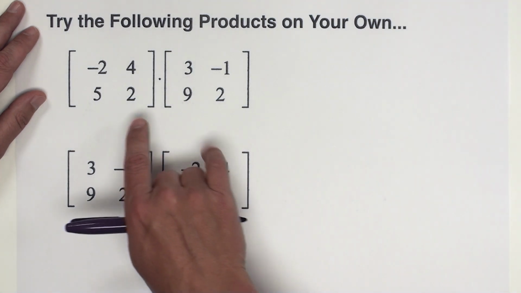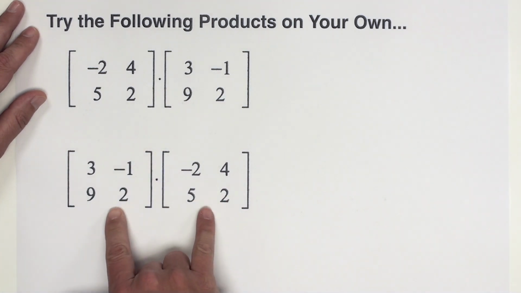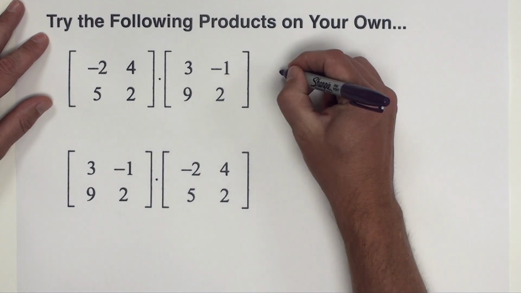Notice that these are the same two matrices as they are down here. I just switched the order, okay? I'd like you to try them both just so you see what happens. And when you're ready to check your answers, go ahead and press play.